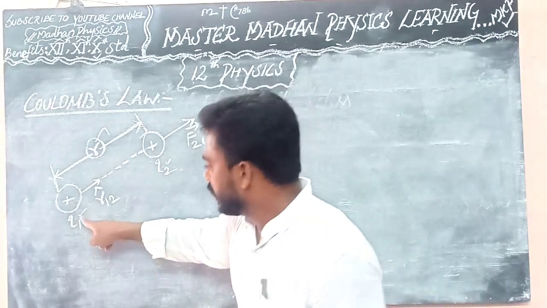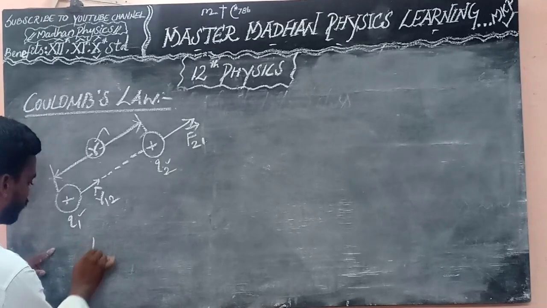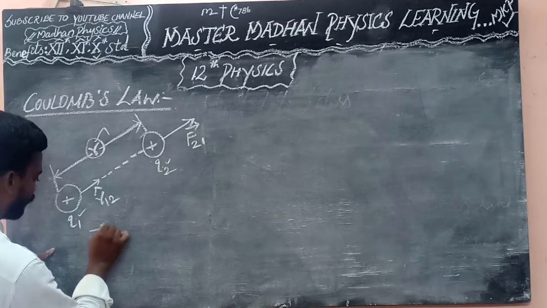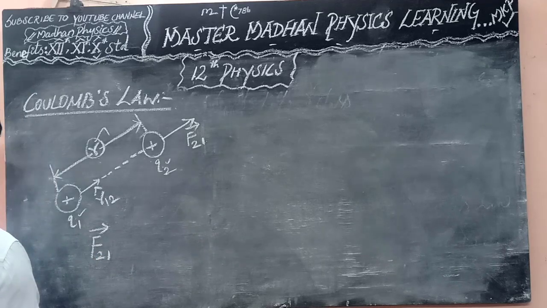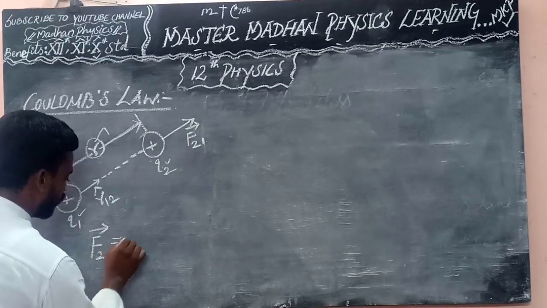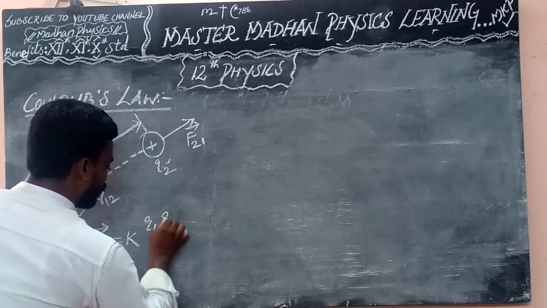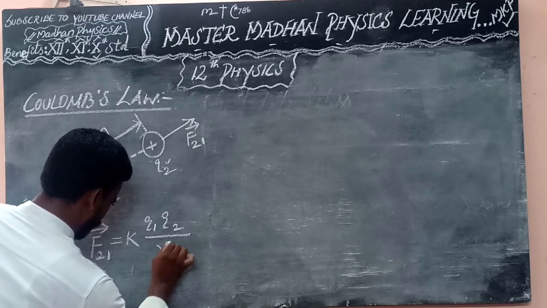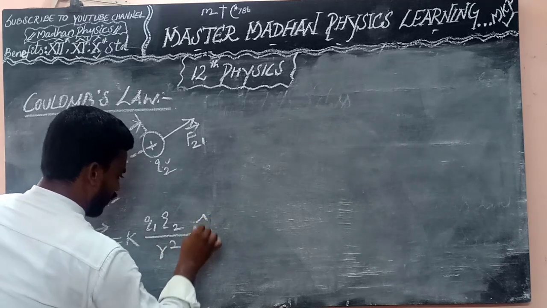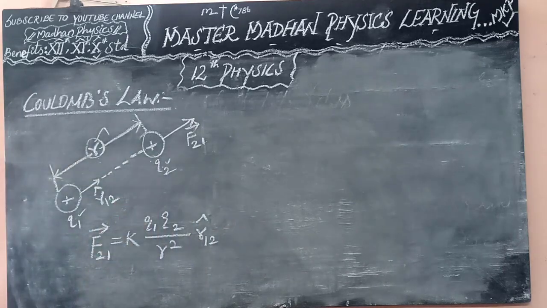So how can we form the equation? F vector 2 1 is equal to K Q1 Q2 by R square R cap 1 2.